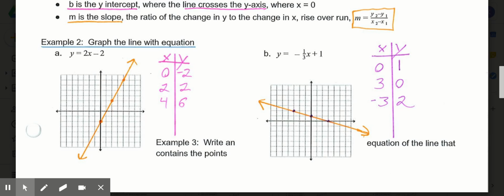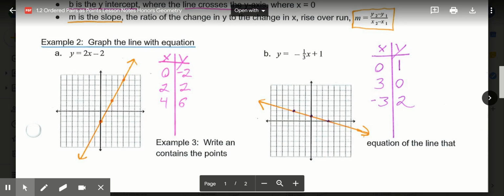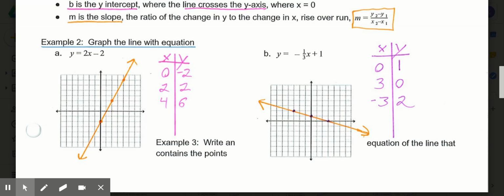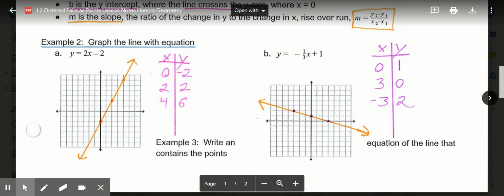And in part B, we have y equals a negative 1/3 x plus 1. So in this case, negative 1/3 multiplied by x, plus 1. I'm going to use both approaches again. First, using the xy t-table, choose some values to put in for x. I always use a 0.